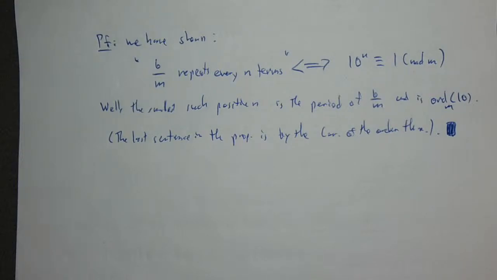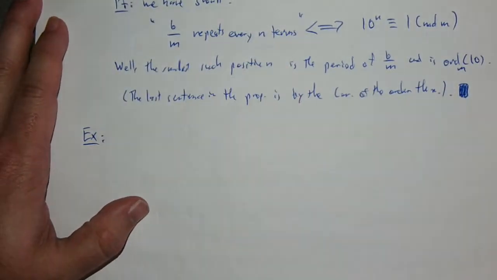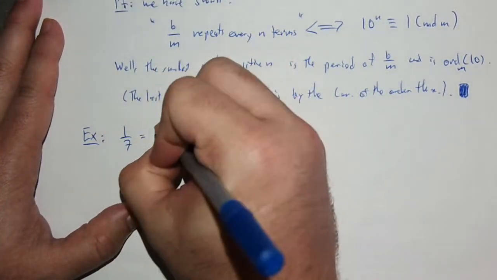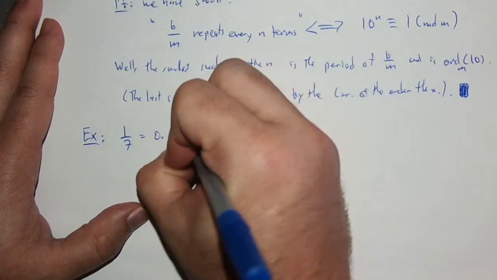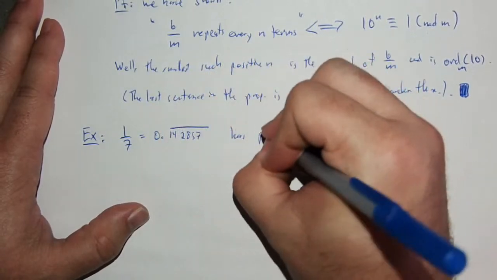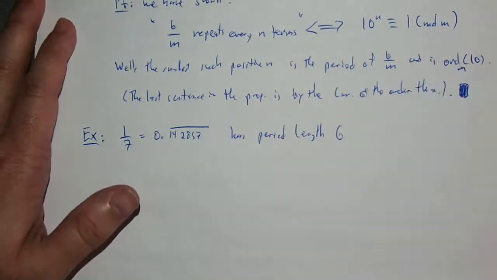Okay. So, of course, here are some nice examples of this fact. So 1 over 7 is, of course, 0.142857 repeating. This has period length 6, right?